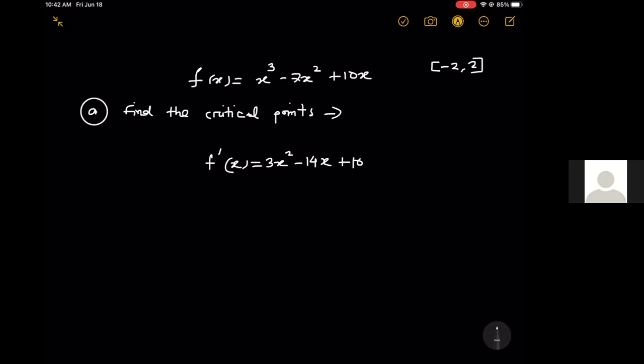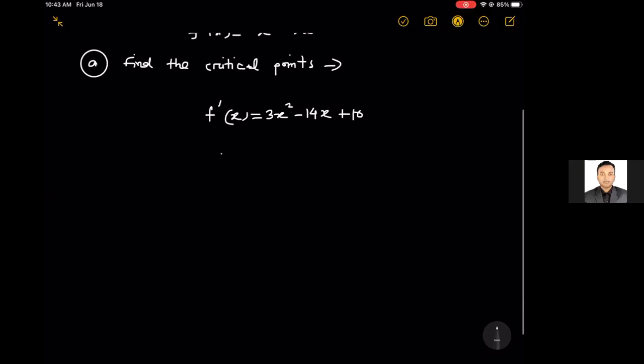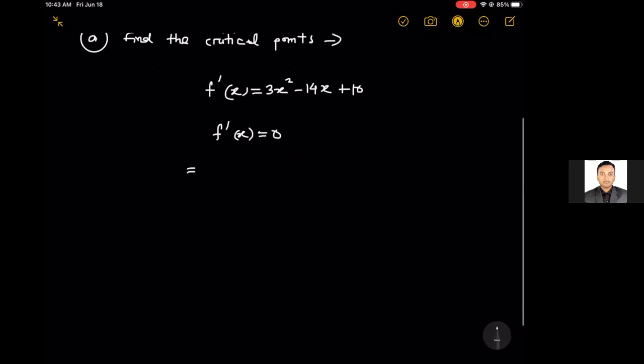You have to set that equal to 0. Okay, set this to 0. So we'll have 3x squared minus 14x plus 10 equals 0.